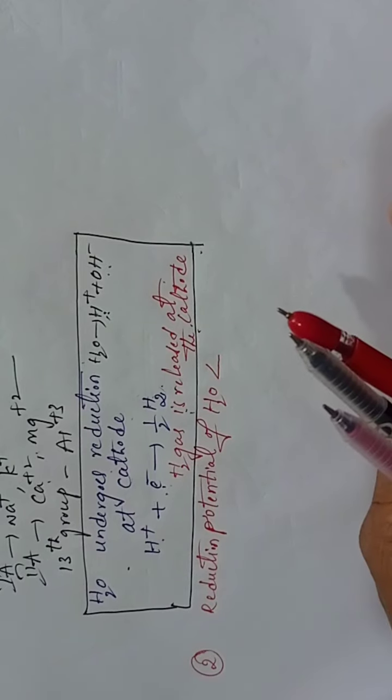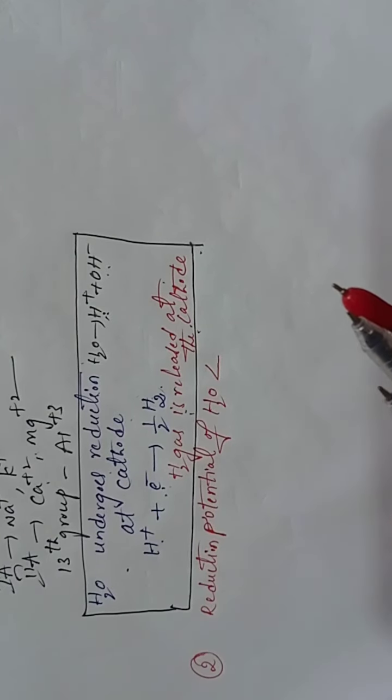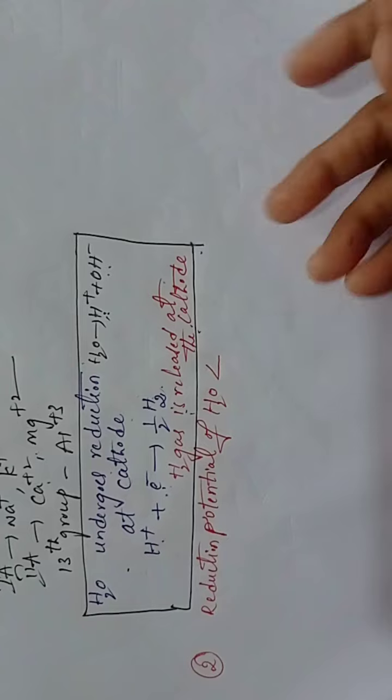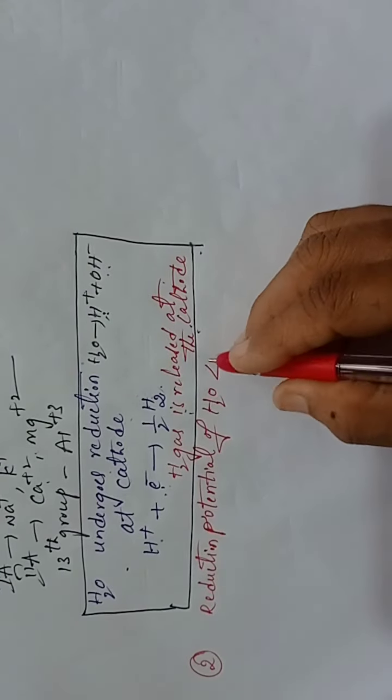So if the reduction potential of water is less than that of other cations, then what you have to do?